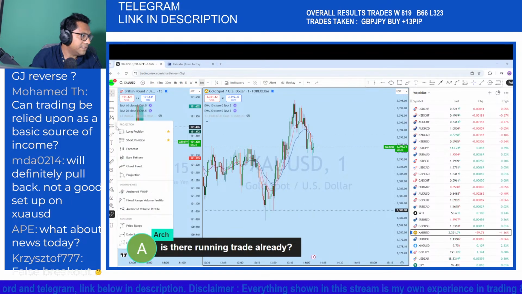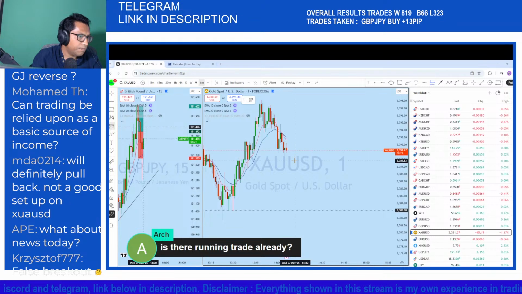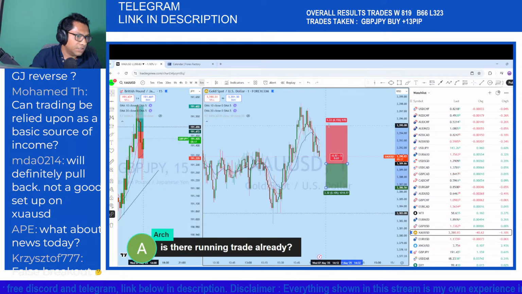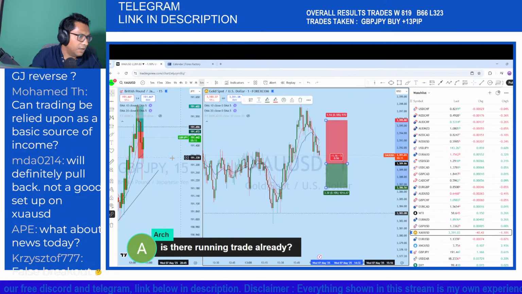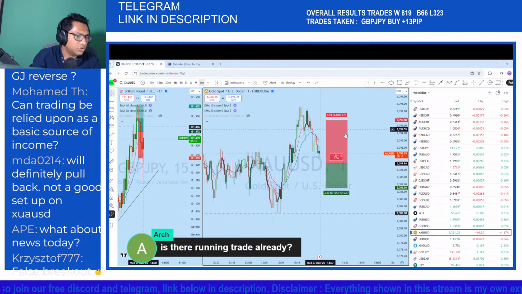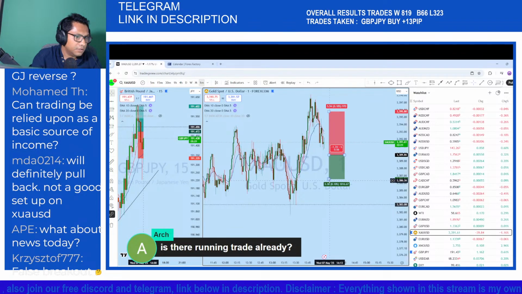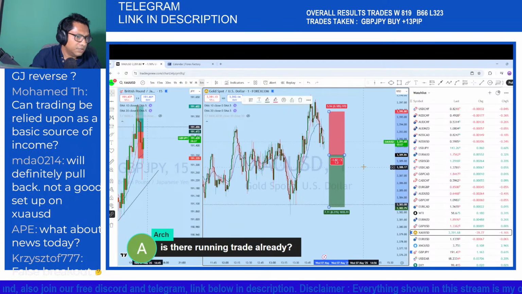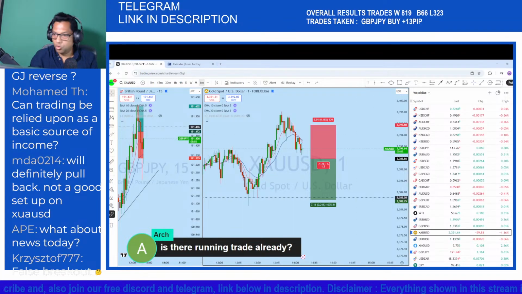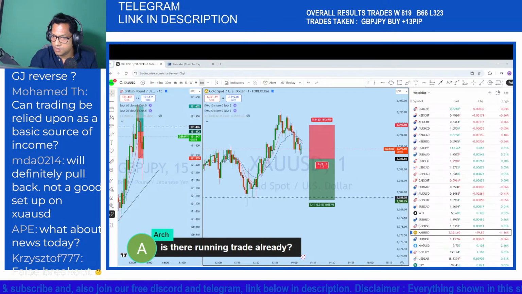Okay, I'm going to place a sell stop, closing the buy stop as the market is showing significantly bearish at the moment from that level. So placing a sell stop here, TP target below this low. This is a range, we can't take a very big profit target. So closing the buy stop and placing a sell stop.